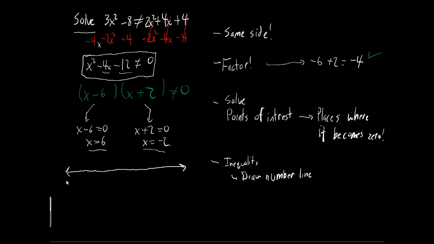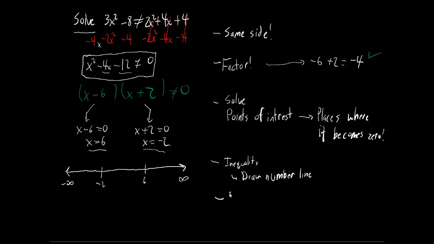If you recall from earlier, our left-hand arrow stands for negative infinity, and our right-hand arrow stands for positive infinity. We'll go ahead and mark our points on the line. So we'll put 6 over here, negative 2 somewhere on the left. So now we've marked our points of interest.